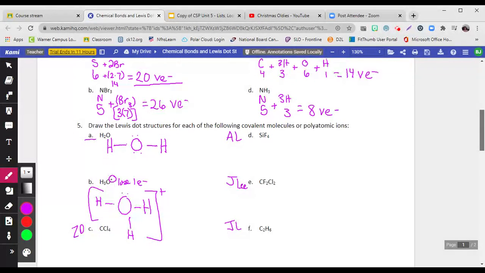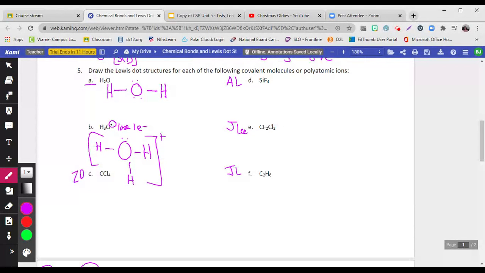If we go down, we can see that we started with letter A, H3O. We have a central atom, and that central atom is oxygen. It has 6 valence electrons. The central atom will be the atom that has the most bonding spots available. Hydrogen is always a terminal atom, and the reason is because it only has 1 bonding spot.